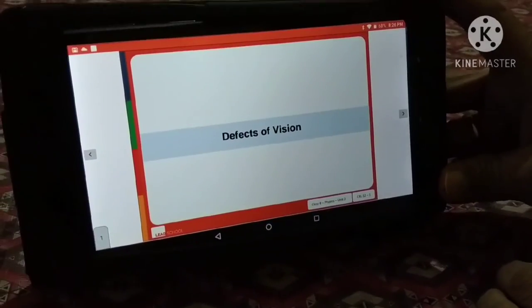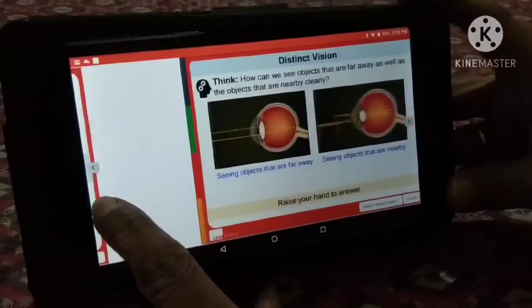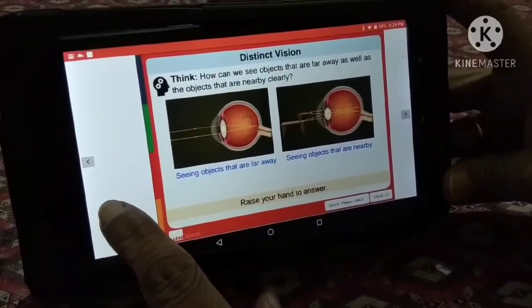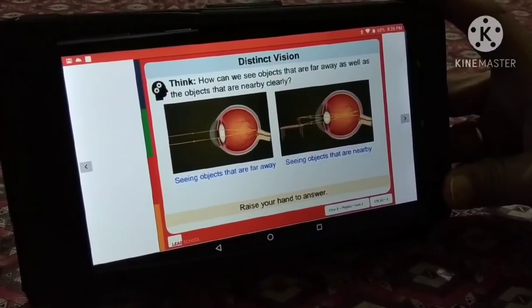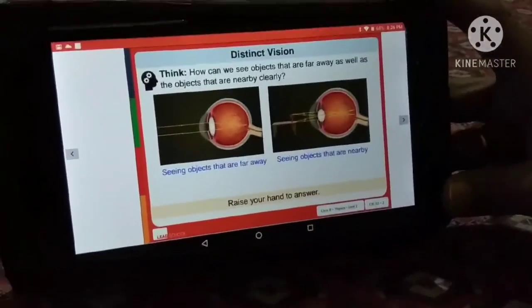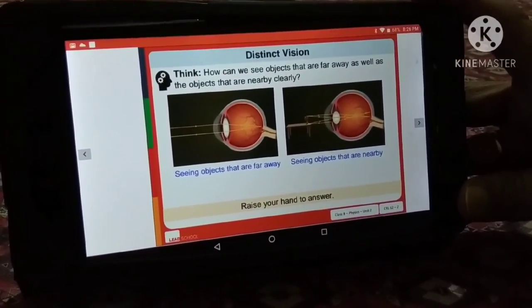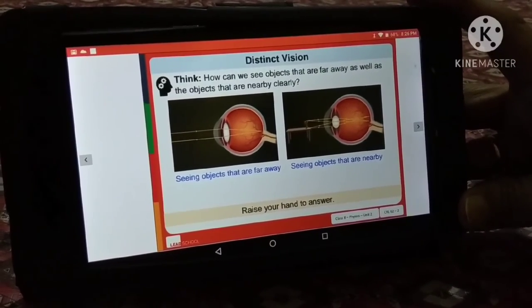Now we will learn about the defects of vision. Here in this diagram you can see that our eye can see the objects that are far away.